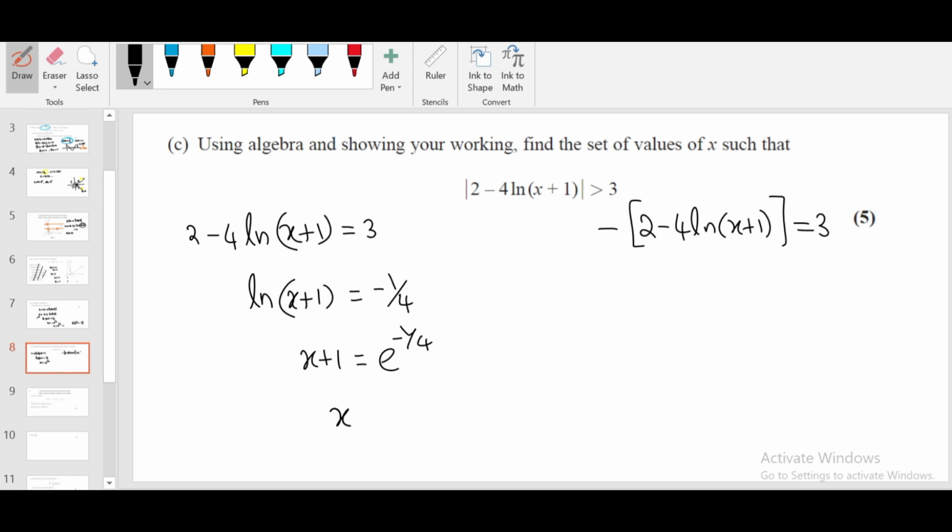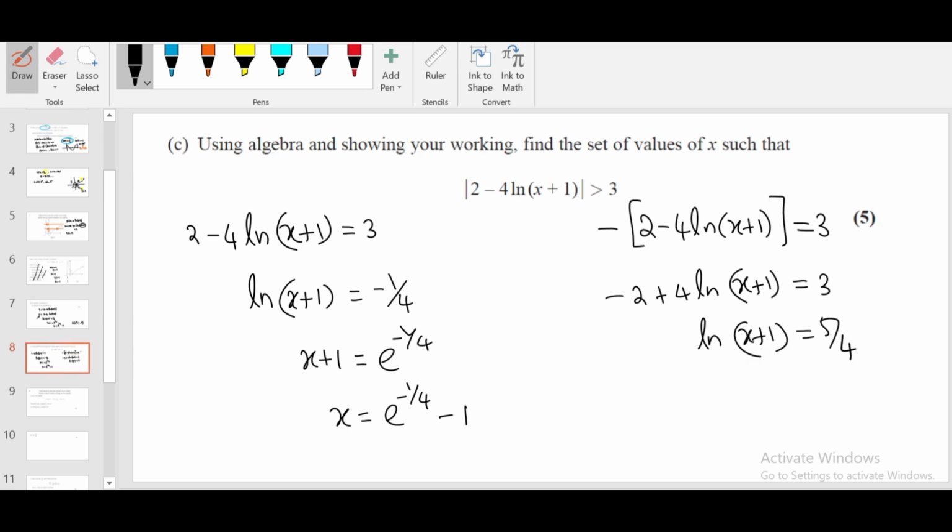When you get rid of the logarithm, x is e power -1 over 4 minus 1. The minus 1 is not in the power. And then here, you can open the bracket: minus 2 plus 4 ln(x plus 1) is equal to 3. Minus 2 goes to the other side, plus 2. 3 plus 2 is 5. ln(x plus 1) is equal to 5 over 4. So when you make x the subject, you'll get e to the power 5 over 4 minus 1.